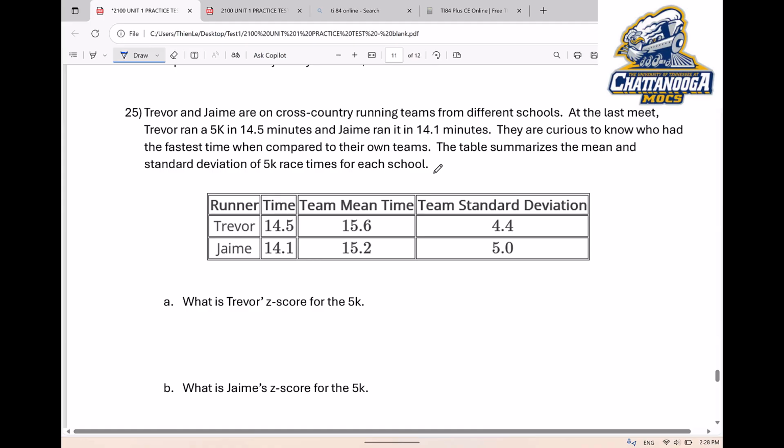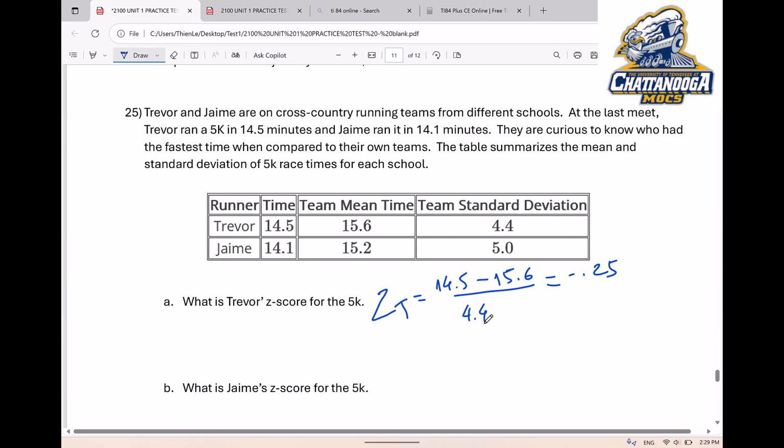To calculate the z-score, we need a formula. Z for Trevor, so I put a letter T here, is 14.5, which is his time, subtract 15.6, and divide by 4.4, right? If you do the calculation, you get about -0.25. You can check, okay?